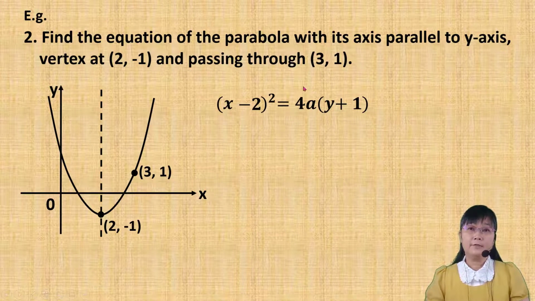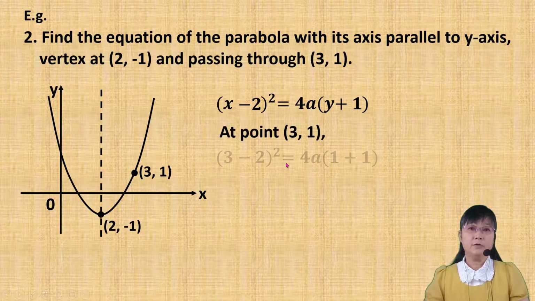Next, I'm going to find the value of a. Since we are given that the curve passes through this point, this point will satisfy the equation. So now I'm going to substitute the x value and y value of the coordinate point into the equation.